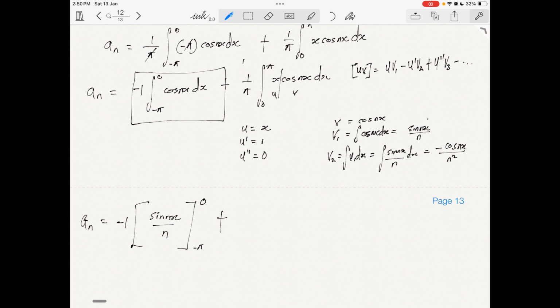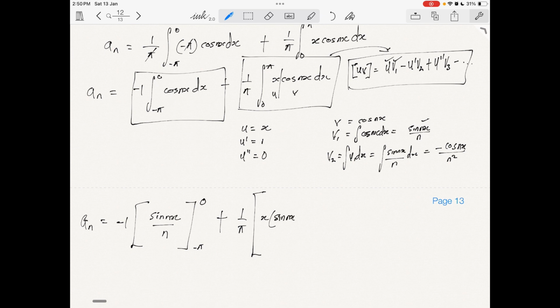Plus, it is now time to solve this using the formula. So we have 1 over pi outside, and then we start with our u, which is x, multiplied by v1, which is sin nx over n, minus u prime, which is 1, and v2, which is minus cos nx over n squared, from limits of 0 to pi.